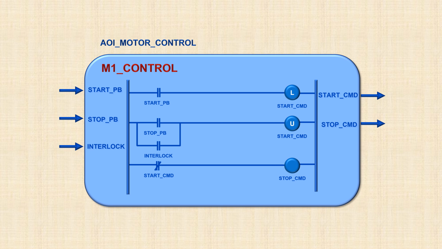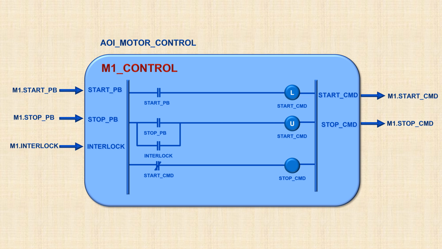Now, how will we use these UDT tags? Here we will just have to point to the correct component when connecting with an AOI. As shown now, connections are M1.component. For example, M1.start push button is connected with start push button input. Start command is connected with M1.start command.